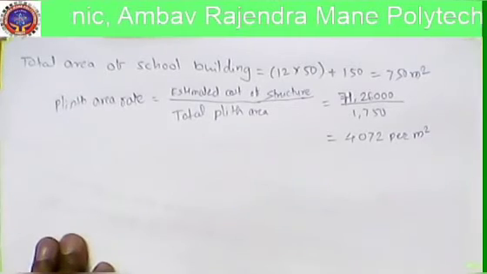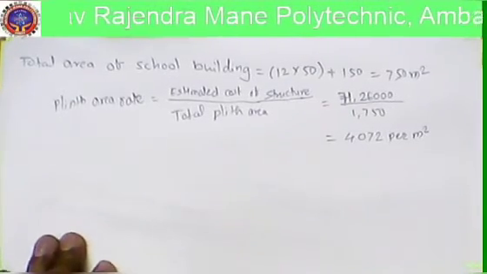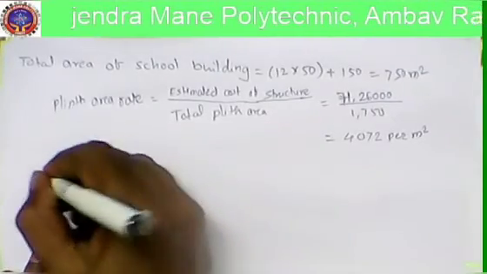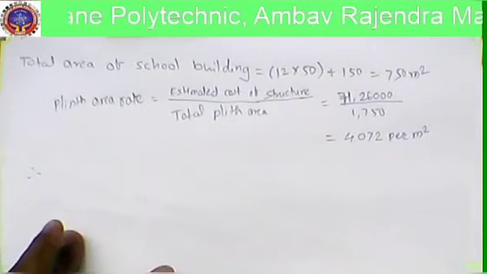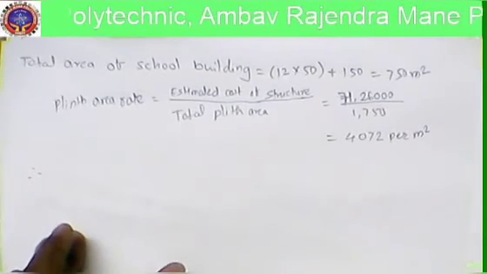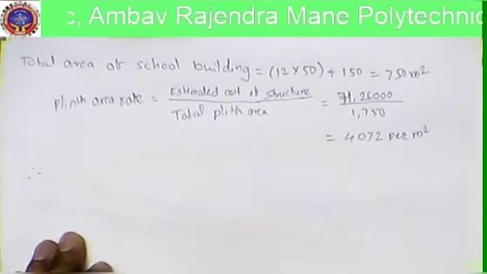Now for the proposed structure, the approximate cost of the school building is equal to the area of the proposed building into plinth area rate per square meter.